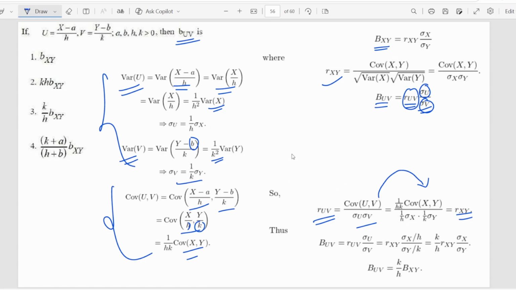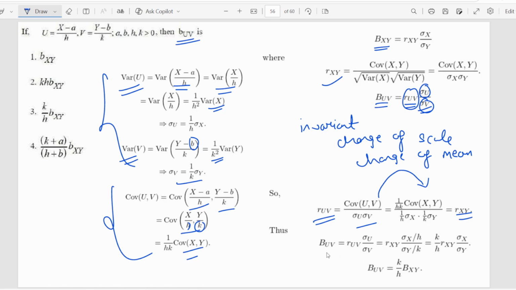This is a very important property: the correlation coefficient is invariant under change of scale and change of mean. So this is an important thing.